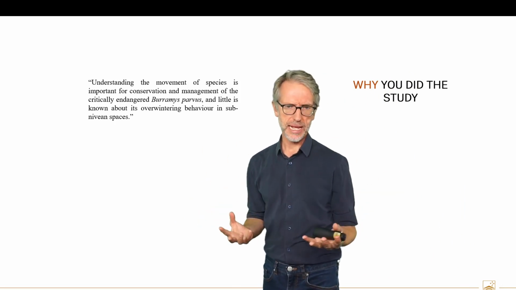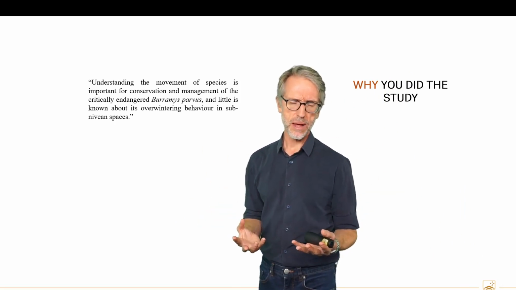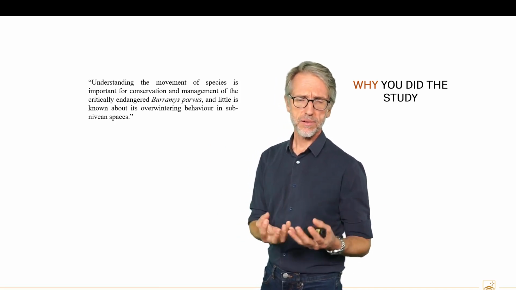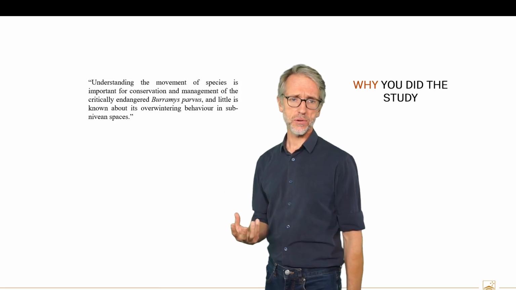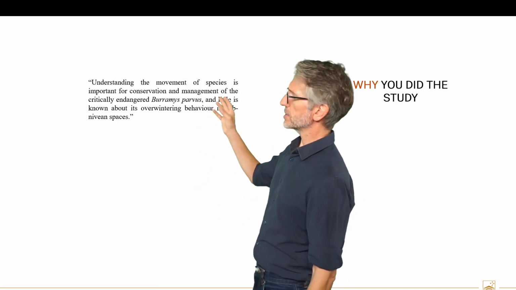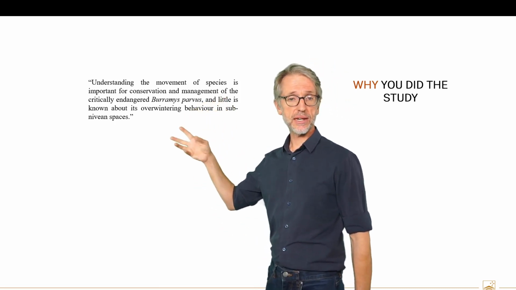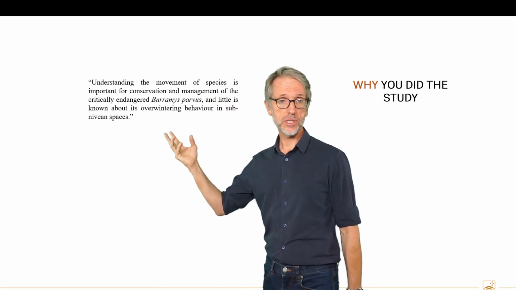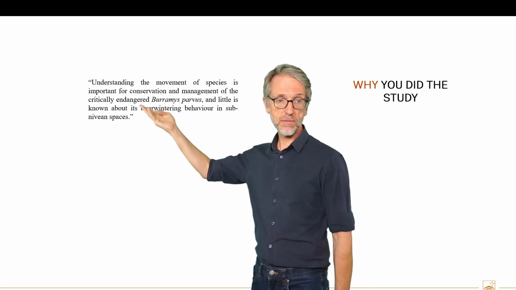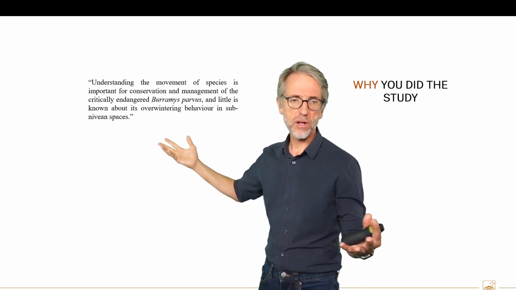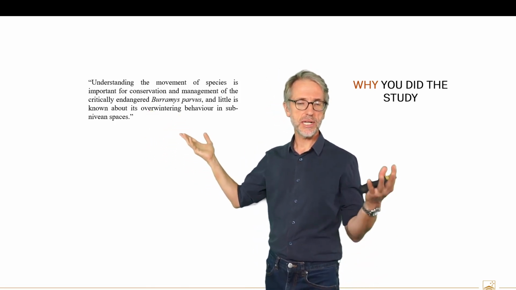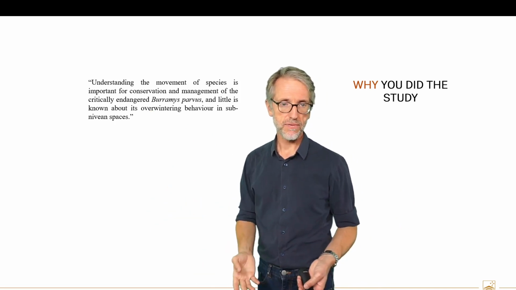All the important elements that would describe a key knowledge gap in the literature. Now, we wouldn't go through restating all of that again, but we might simply say that understanding of some species attribute is important, one, because it's critically endangered, but also because very, very little is known about a particular attribute of its life history.